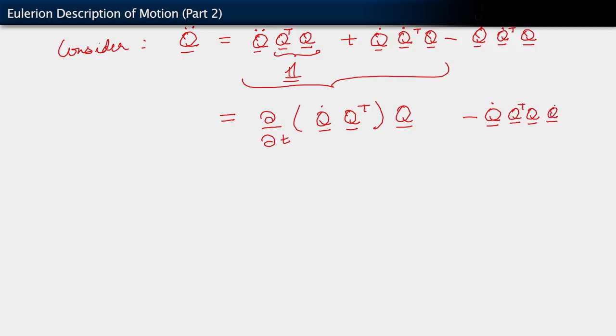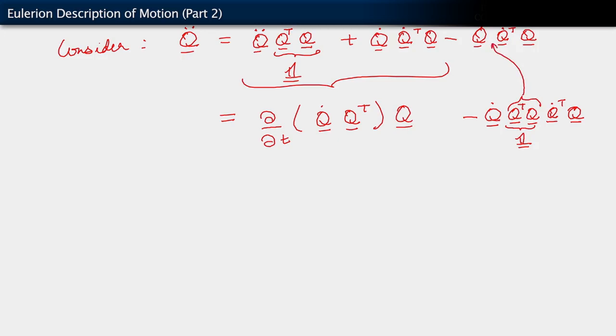Q dot Q transpose, all right? In doing so, I'm using the fact that this product is again the second order isotropic tensor, which I have chosen to insert in there.